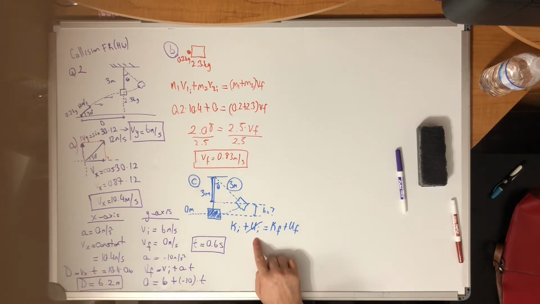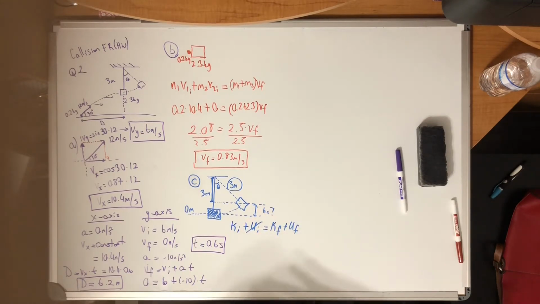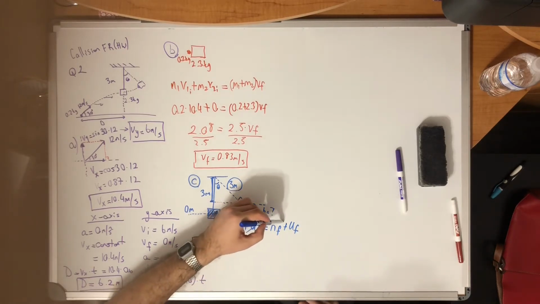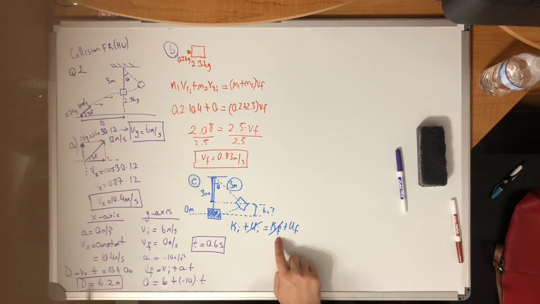And this is the point that it gets the highest that it can go. So at this highest point, my velocity will be 0, which means I'm not going to have any kinetic energy.